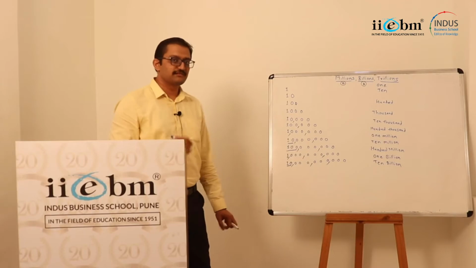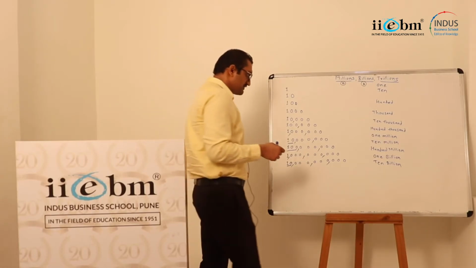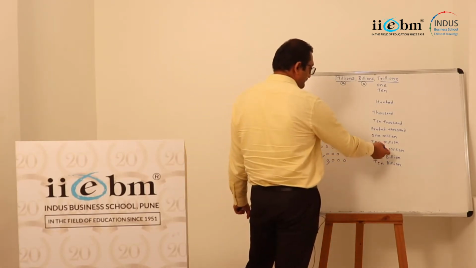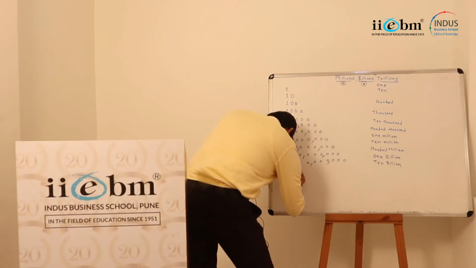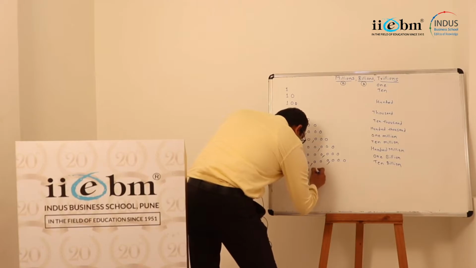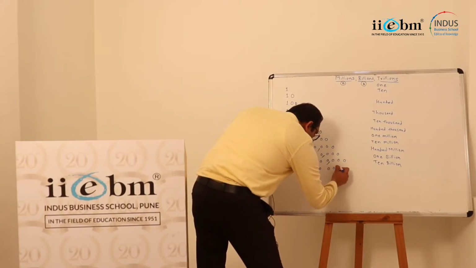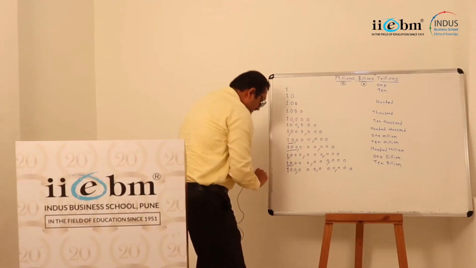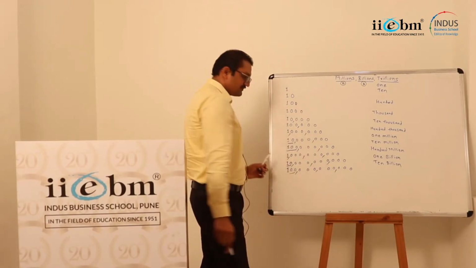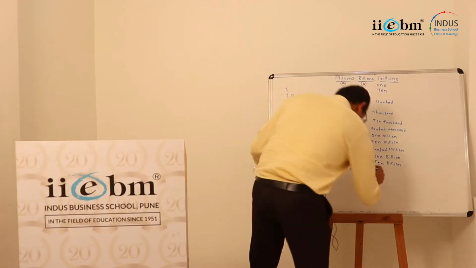So this number is 10 billion. Let us add one more 0 to 10 billion. It will become 100 billion. So this number became 100 billion.